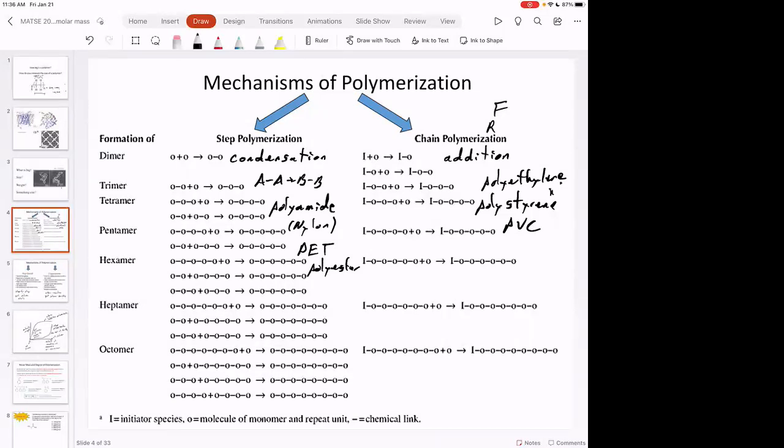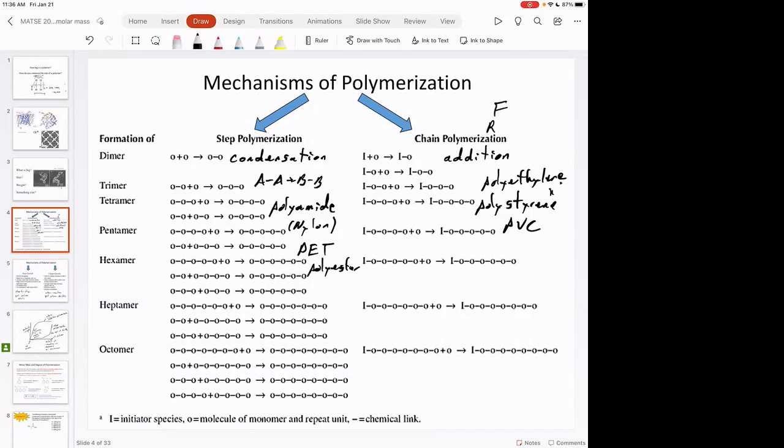And if you just look at a monomer, how do you know it's going to be addition? Carbon double bond, carbon double bond, nothing else, no oxygens, nothing like that. Sometimes you can do a condensation polymerization with monomers that have double bonds and then do an addition polymerization after that, but that's in your advanced synthesis class. We're not going to do that here.